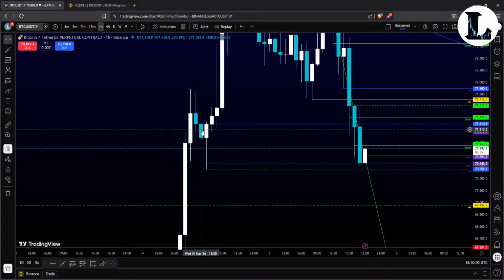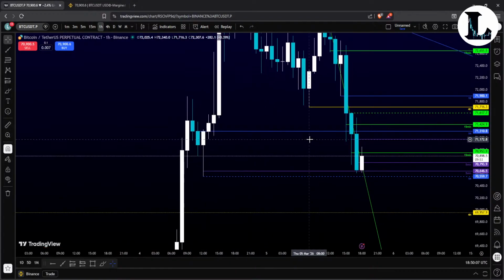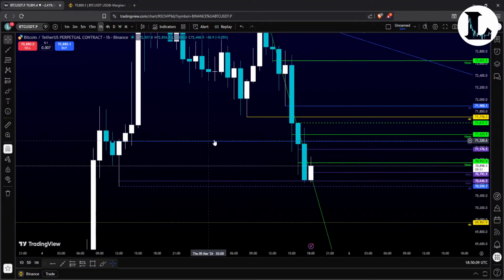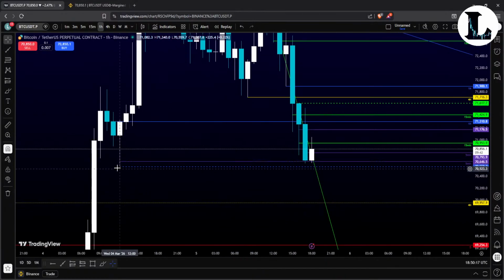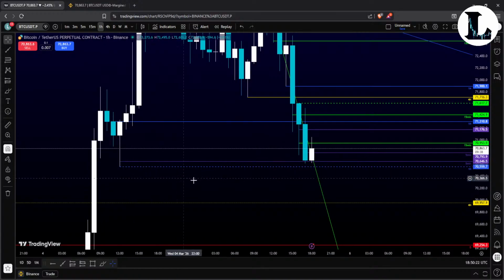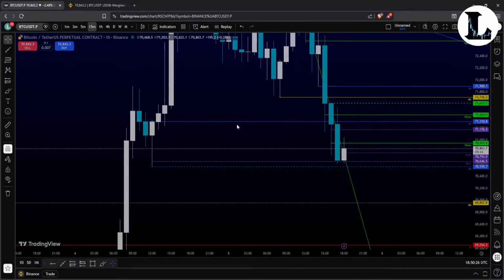That was also a reason for the price to break down, okay. Means that we are creating or trying to create a lower low. As simple as that. Even though we did not break the break level, we did not test the break level yet, we are losing the support.